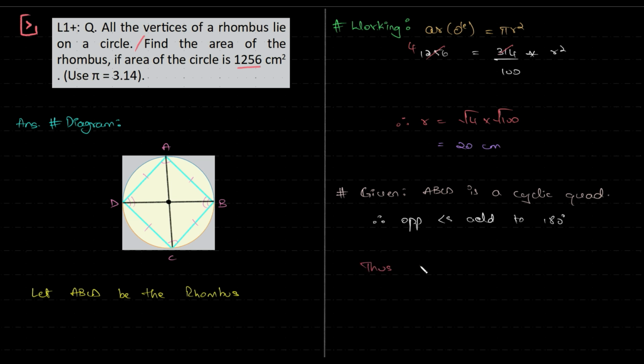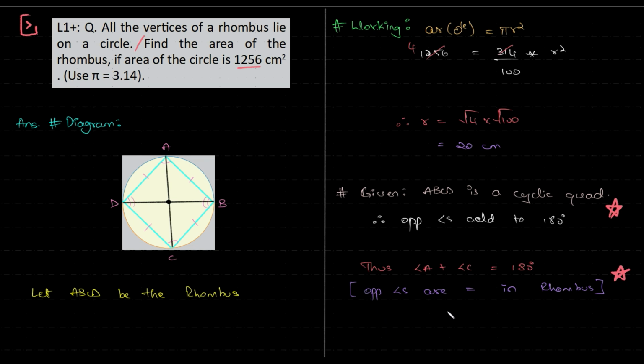Thus, we have angle A plus angle C is equal to 180 degree. But in a rhombus, the opposite angles are equal. Opposite angles are equal in any rhombus. Okay, guys. So here, this point will get the highlight, right?